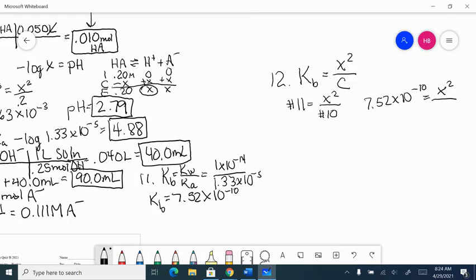This time we have to remember that X squared in this case, because it's KB, X is going to be the concentration of OH minus. So the negative log of X in this case will give me the POH.